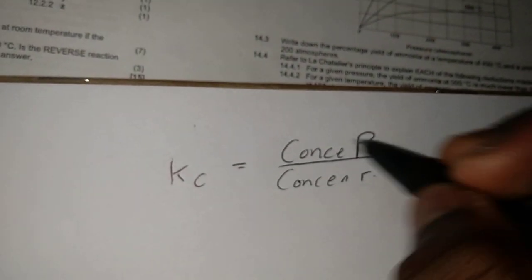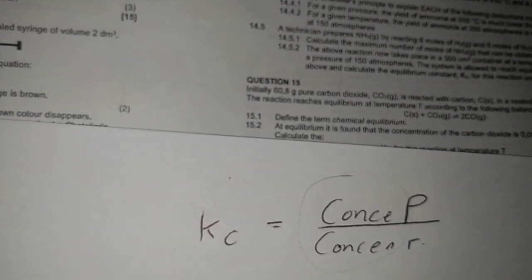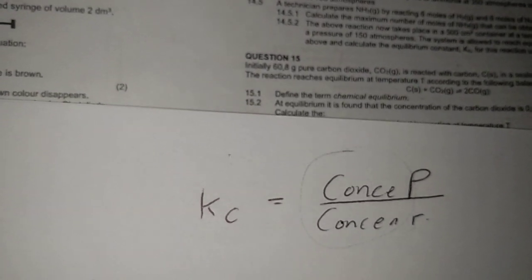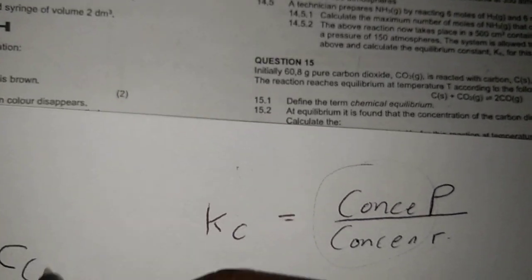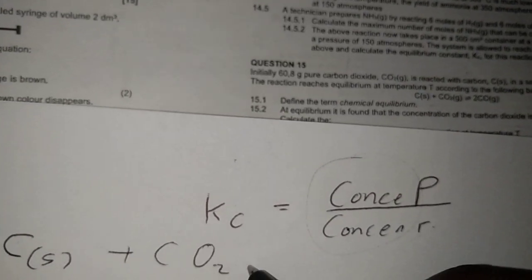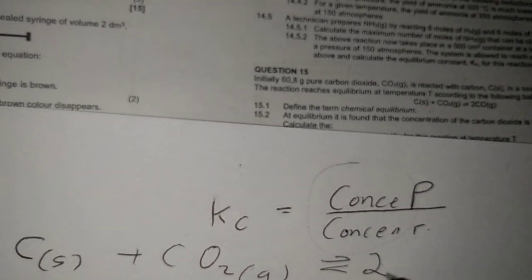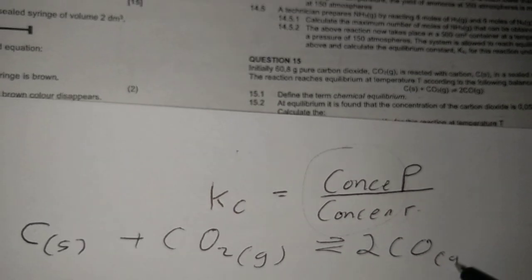Now how do we get the concentration of these two? Let me just copy the balanced equation over here, which is C(s) plus CO2(g), reversible, 2CO(g).